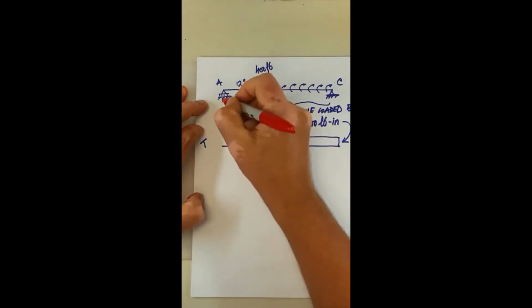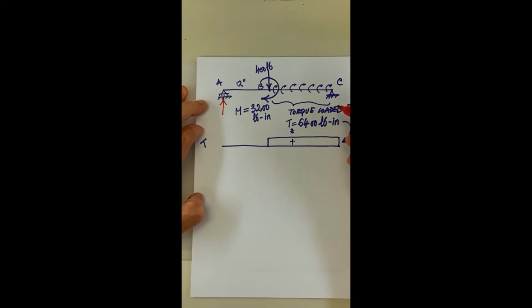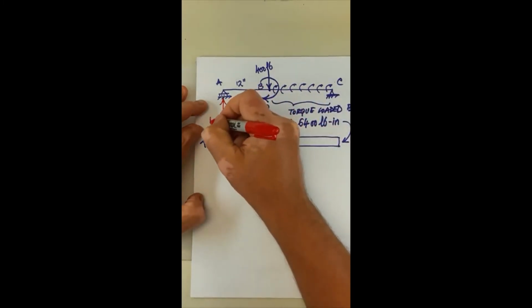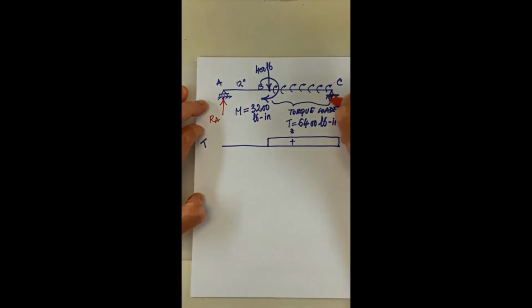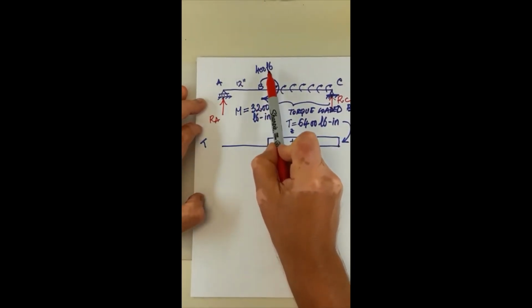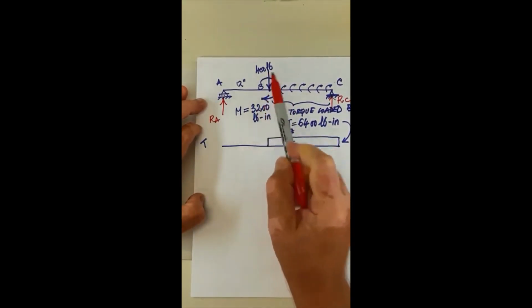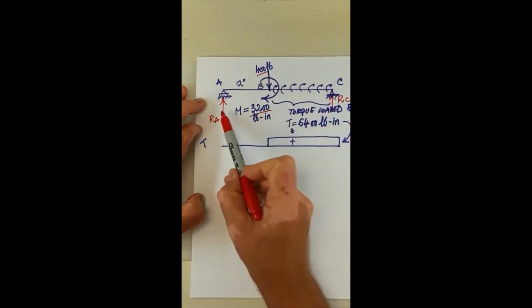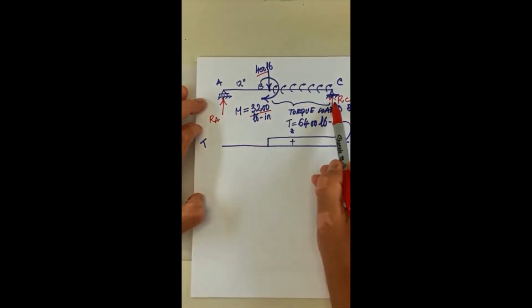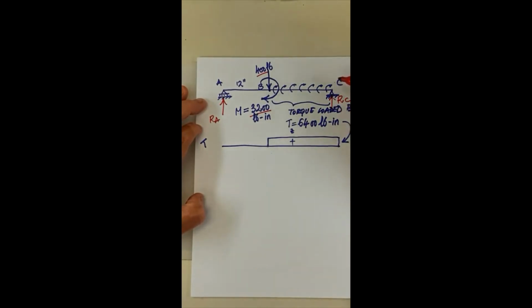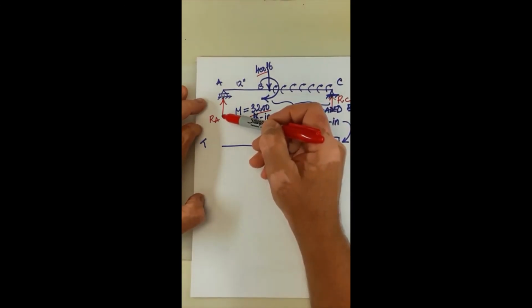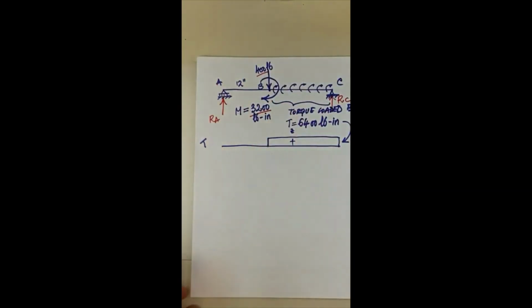So what we need to do is to calculate the reactions at A and the reactions at C. I have RA and the reaction at C. It's going to be only the 400-pound force and this moment that determine the magnitudes as well as the possible orientation of these reactions. It might be that RA is the opposite, we'll see.